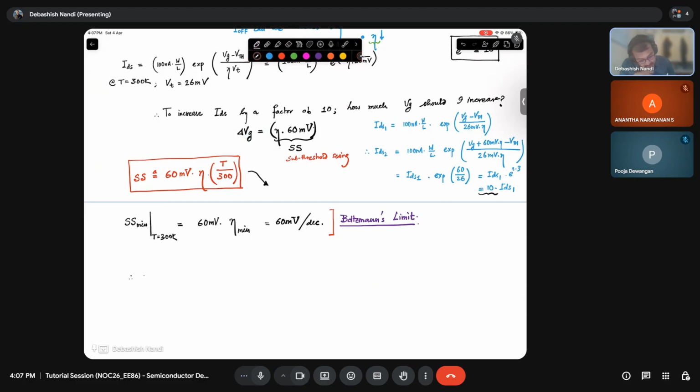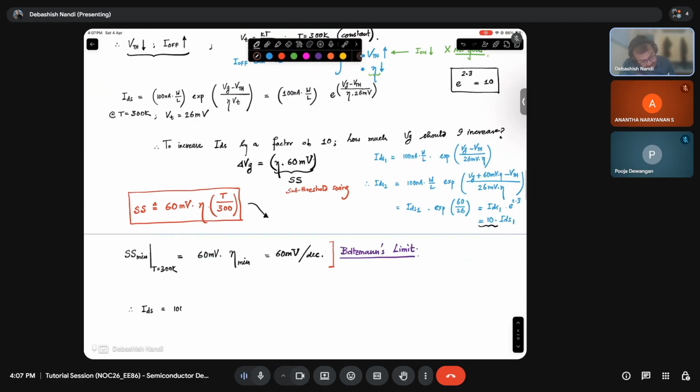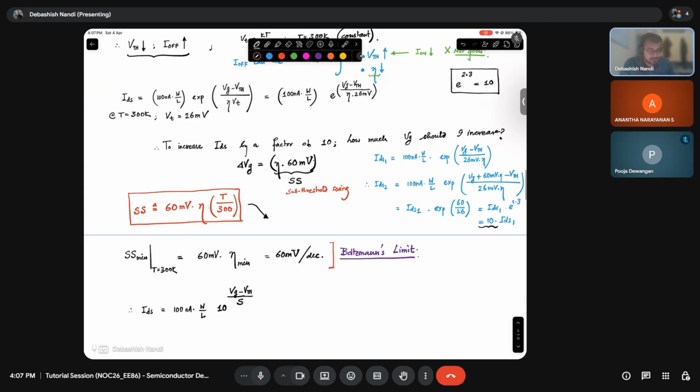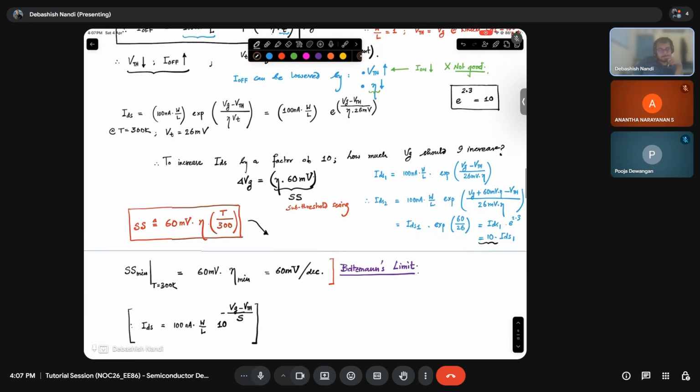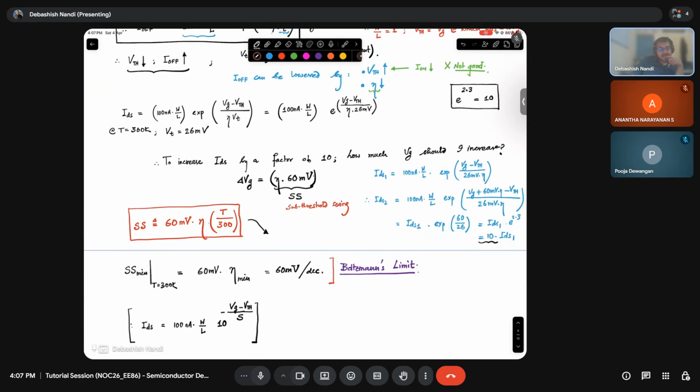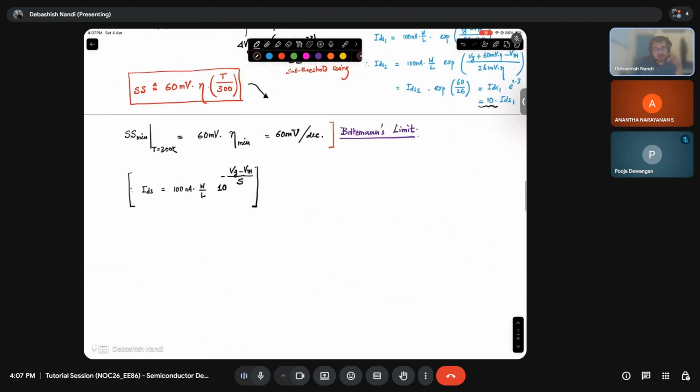So now my IDS equation, I can simply write as 100 nanoampere times W by L times 10 to the power Vg minus Vth divided by S. Is it clear? This we have defined as SS, right?